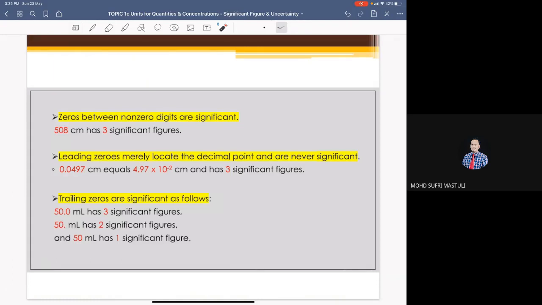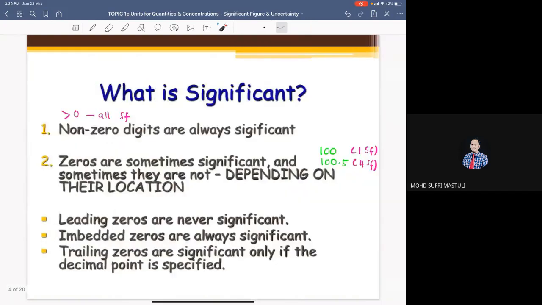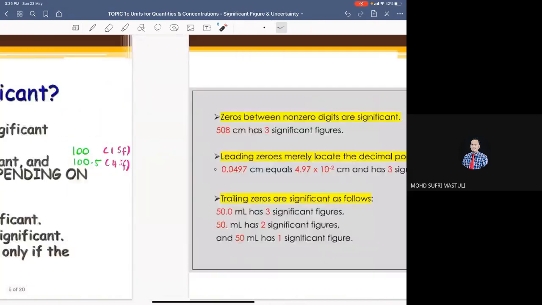Zero between non-zero digits is always significant. This one is significant, so we have three significant figures. Leading zero means the zero located in front. A leading zero is never significant.